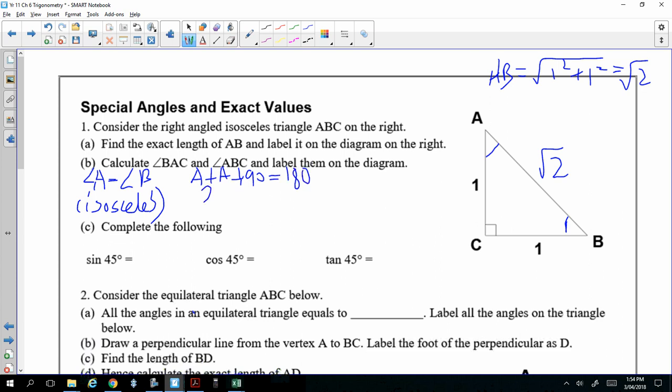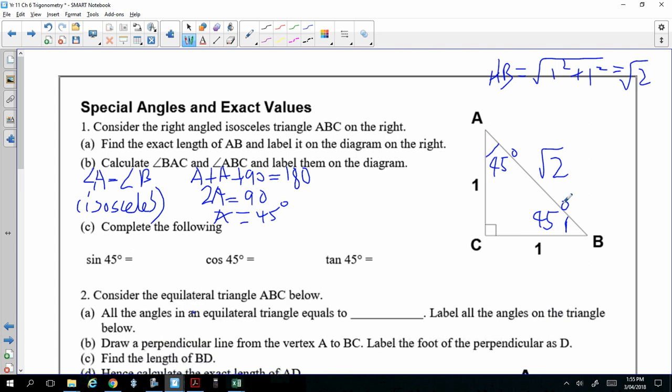So 2A plus 90 is 180, so 2A equals 90 because you subtract 90 from both sides. Therefore A is 45 degrees. So it's 45 degrees each. So label that on the diagram. Okay, we've got 45 degrees.